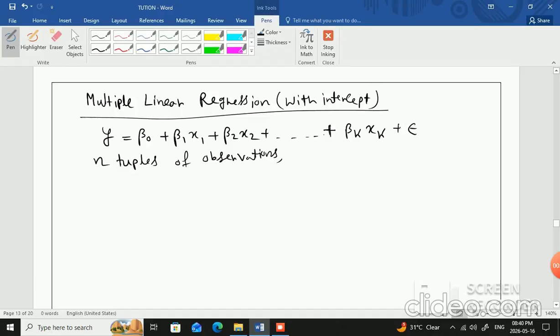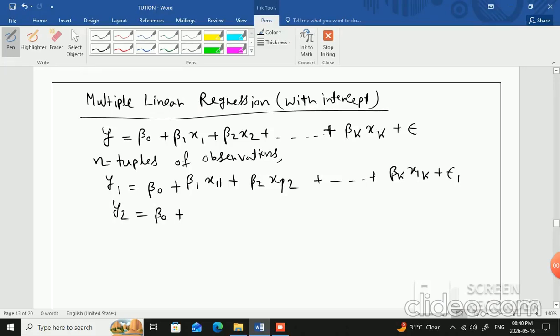For n data points, y1 equal to beta naught plus beta 1 x11 plus beta 2 x12 plus beta k x1k plus epsilon 1, then y2 equal to beta naught plus beta 1 x21 plus beta 2 x22 plus beta k x2k plus epsilon 2.